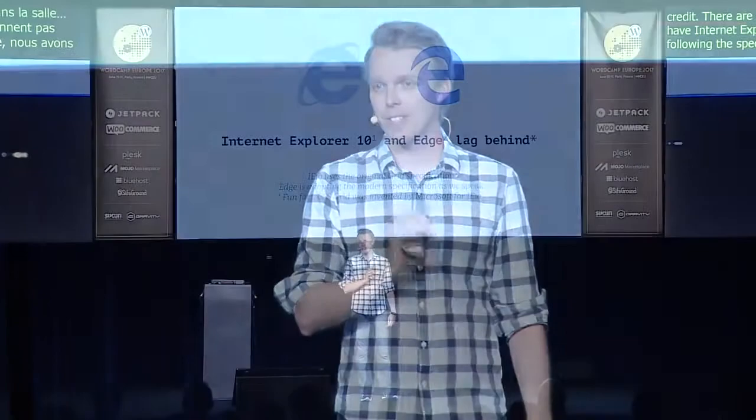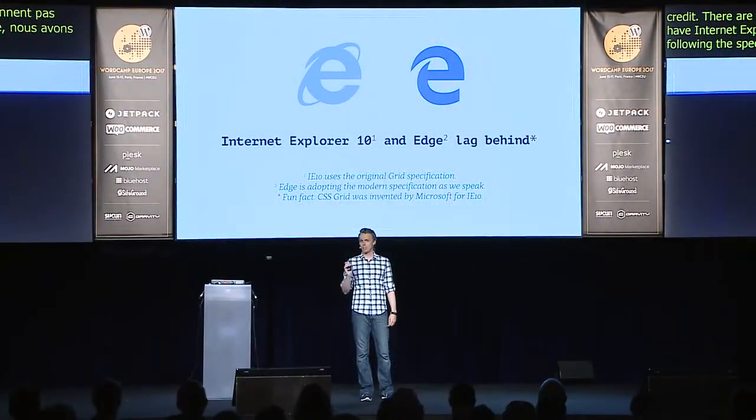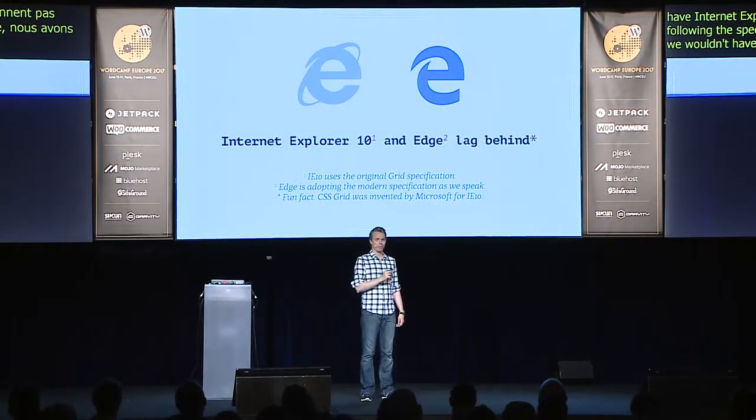There are always these things that don't work the way we want to. So we have Internet Explorer 10 and 11, and we have Edge, who are not currently following the spec exactly. Point of order, if it wasn't for Internet Explorer 10, we wouldn't have CSS Grid. CSS Grid was invented for Internet Explorer 10.